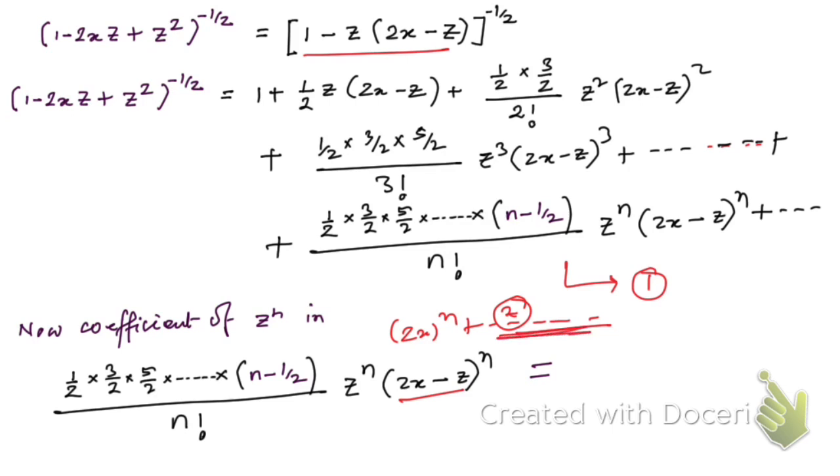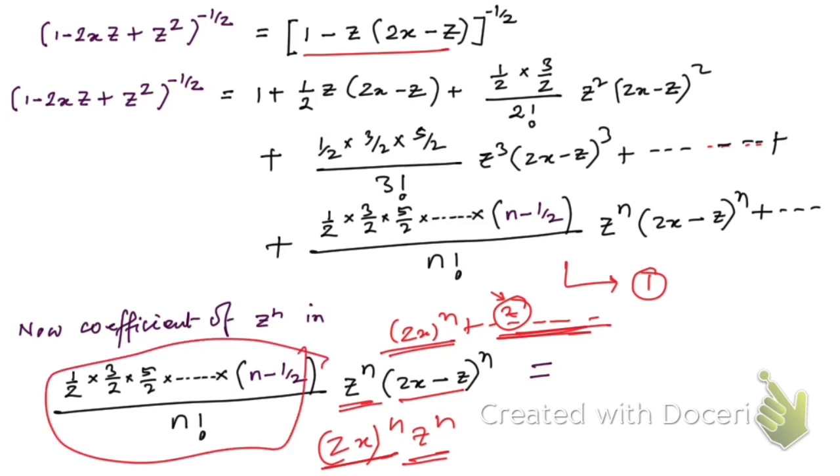If they already contain z, then multiplying by z to the power n gives different powers of z. So the only term where we get z to the power n is z to the power n into (2x) to the power n. We take the coefficient of this term only, the term containing z to the power n. Along with this (2x) to the power n, we get this part as well, right?